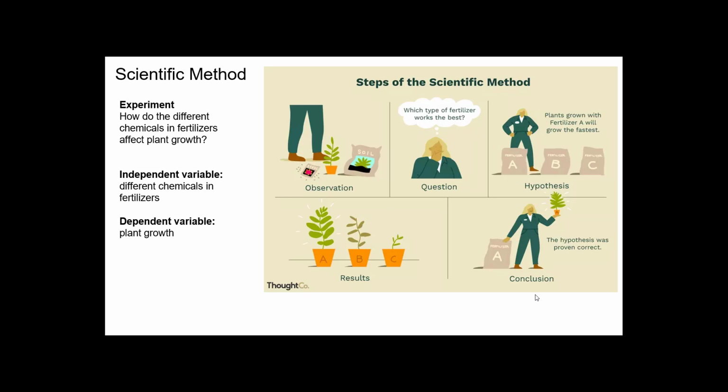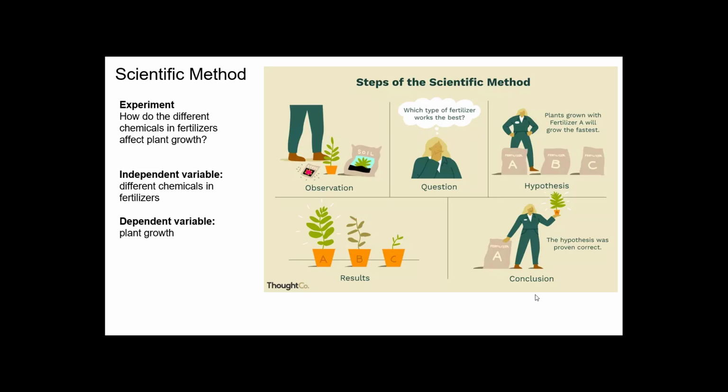So I just basically went over this. You control everything except for one variable. So you keep everything for all the plants as consistent as can be and only change one variable. And that one variable will allow you to match up and look at the results as unbiased as possible.